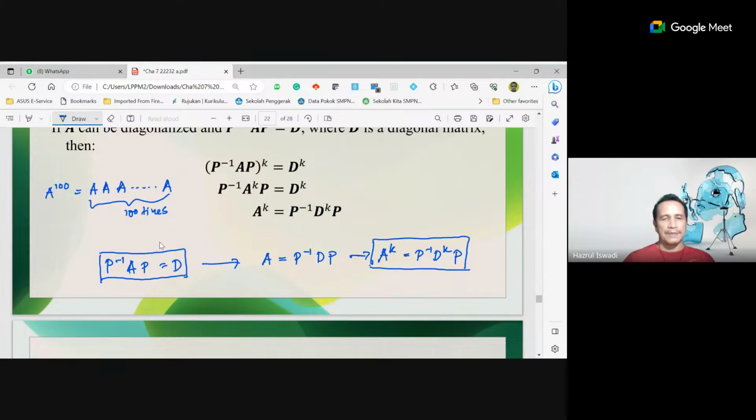So the multiplication of 100 times of A is only P, D to the 100, P. Just three matrices, not 100 matrices.